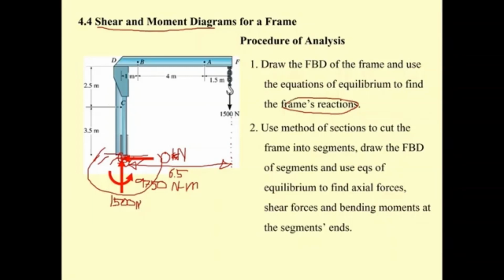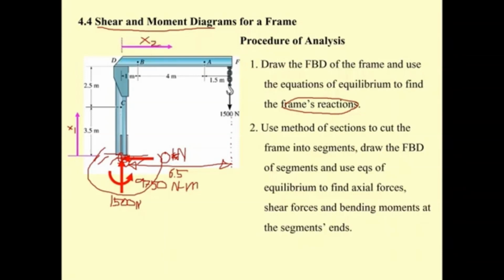And then if you'd like to find the internal forces and internal moment to draw the shear diagram and moment diagram, you have to set a coordinate. For example, this one is going to be coordinate one. You may call it x1 or y1, whatever you set, and this is going to be another, x2.